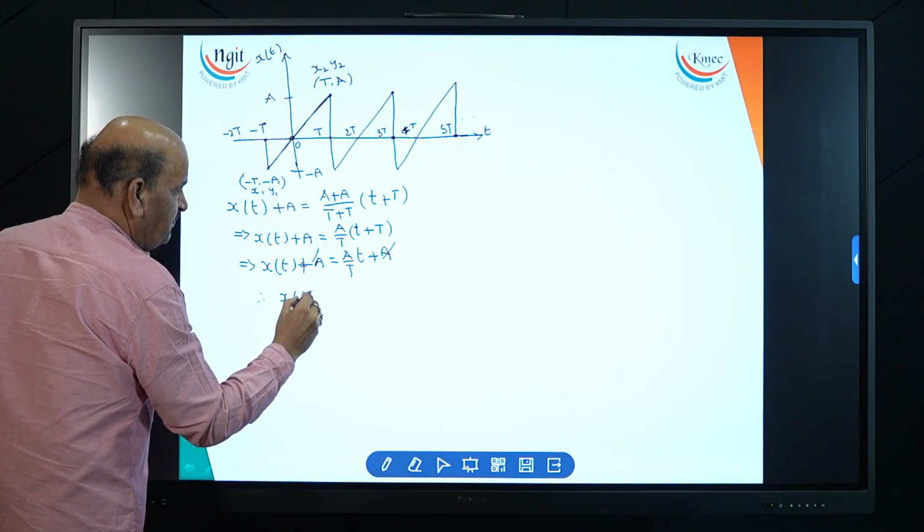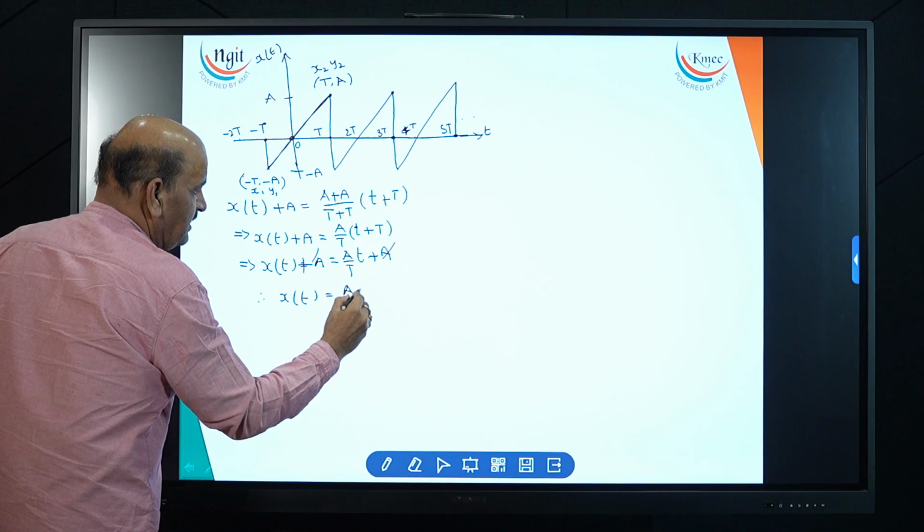Therefore, x of t is equal to A by T into t.